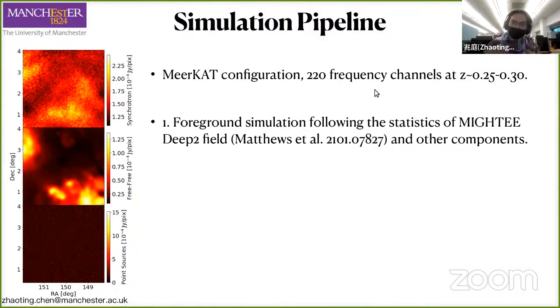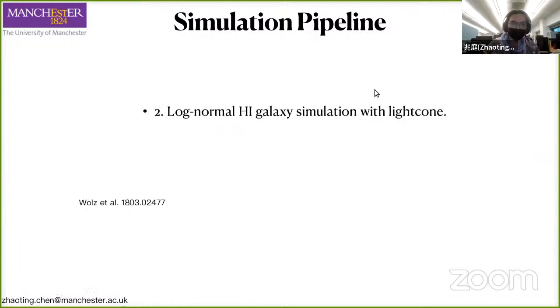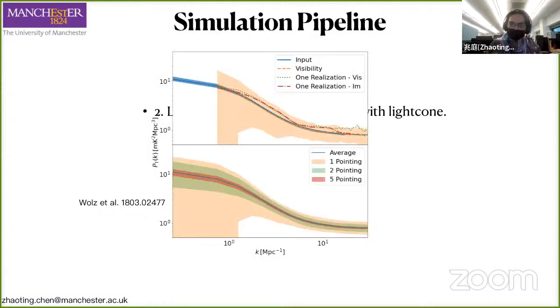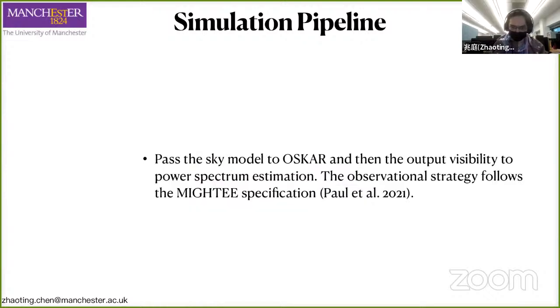We try to model our foreground as accurately as possible using real data. We build a log-normal H1 galaxy simulation tool that generates H1 galaxy catalogs with different realizations. We can use these realizations to validate our power spectrum estimation pipeline and to try different halo models of H1 galaxies to explore their detectability.